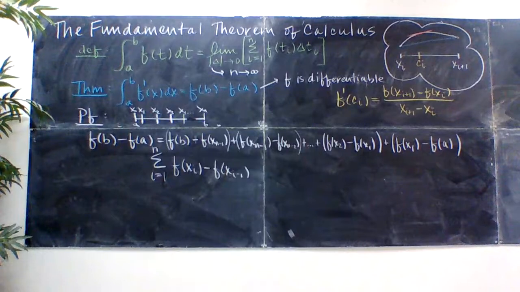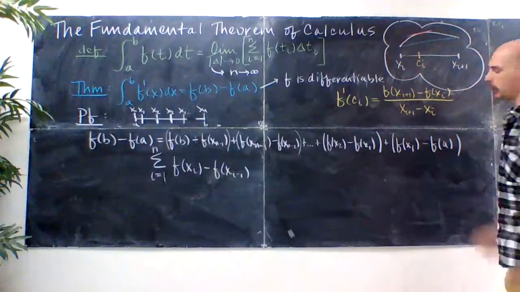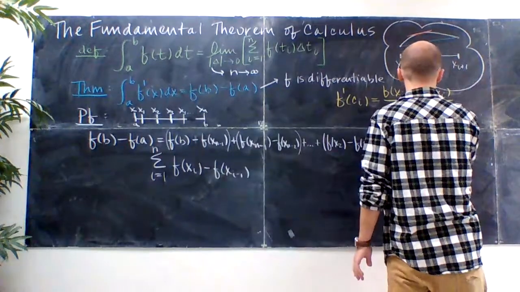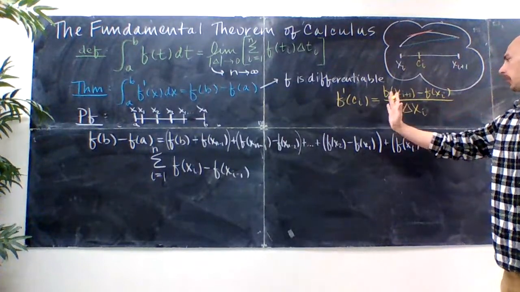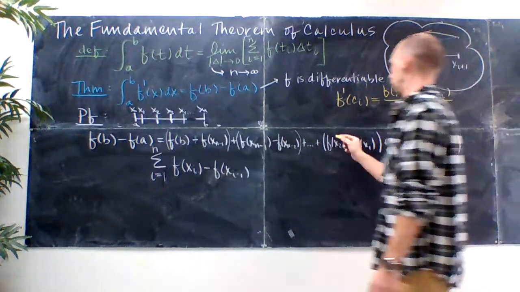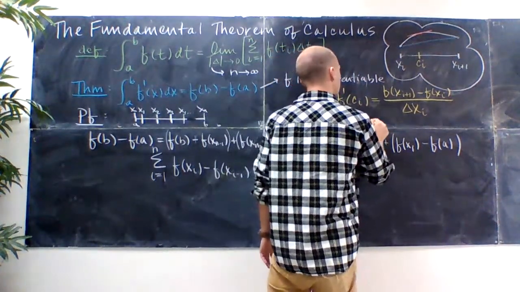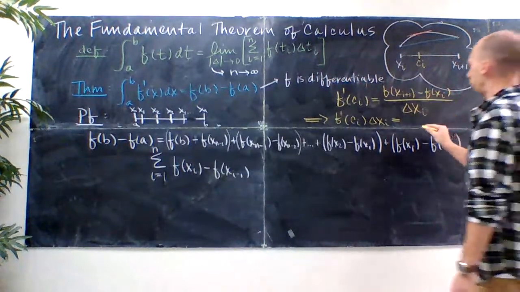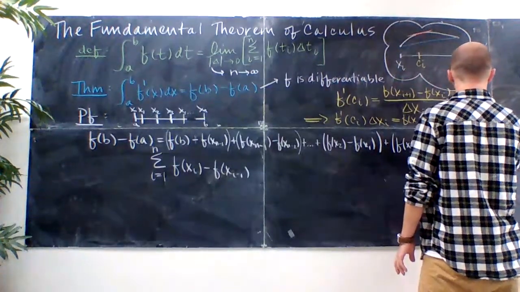Okay. What if I were to say, well, this is kind of a lot to carry around. This is a delta x, right? The width of the subinterval. And so I'll call that delta x sub i. Then I could multiply both sides by this delta x sub i, and that necessarily implies that f prime of c_i times delta x_i is equal to f of x_{i+1} minus f of x_i.